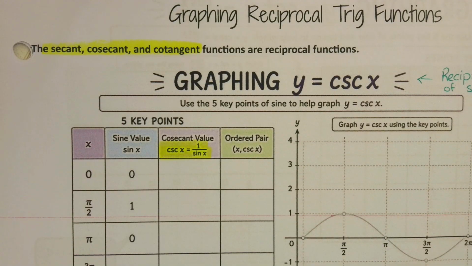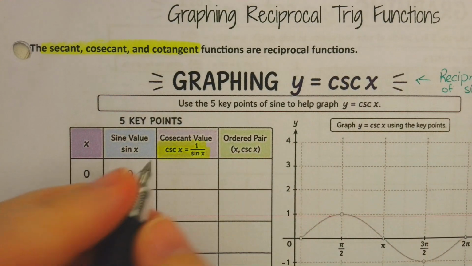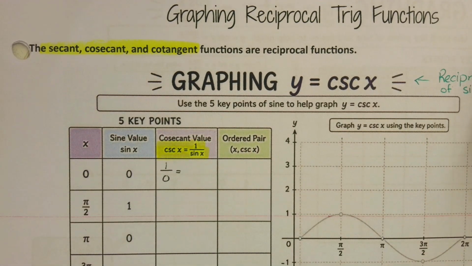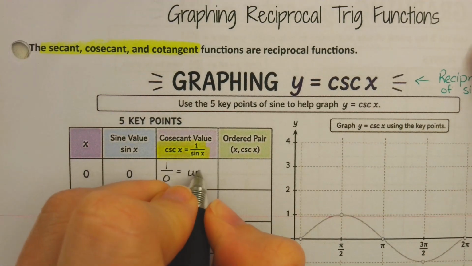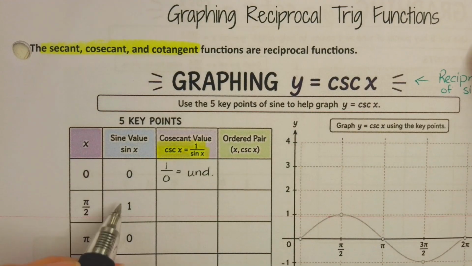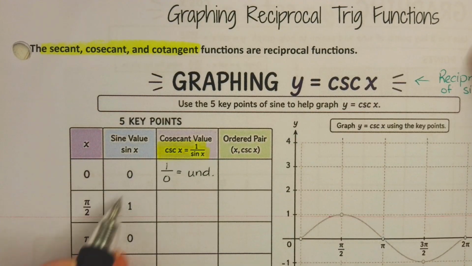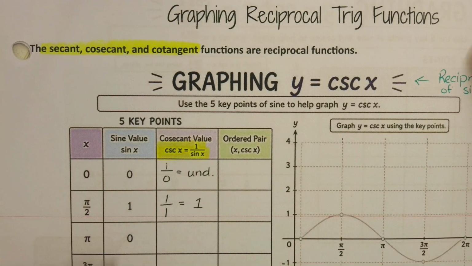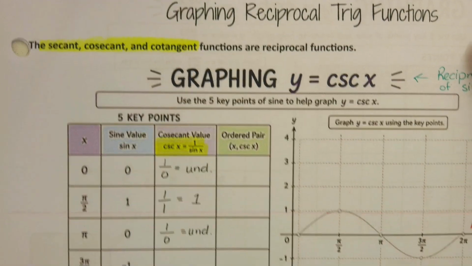So for the first one, if I do 1 over this sine value, what is 1 over 0? Undefined. Okay, for the next one, 1 over 1 is 1. For the next one, 1 over the sine value, another undefined.